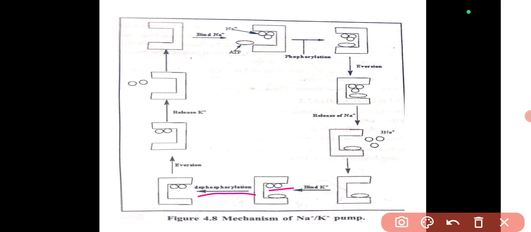Then again eversion takes place. Then the potassium ions from the extracellular fluid will be inside the cell. Then release of 2 potassium ions takes place. Then again the cell membrane will be free. The cycle repeats with utilizing ATP. And this is how a sodium potassium pump works.